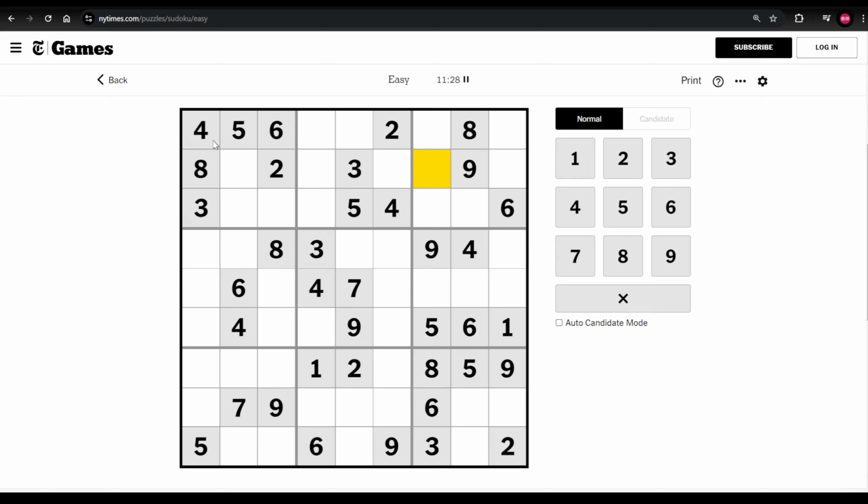And also, the rule is that for every horizontal line, you also have one of each number. So in this one, we don't have 1, so 1 will be in one of these squares. And then we have 2, 3 in here also, 4, 5, 6, and then 7 missing, and 8, 9 missing.